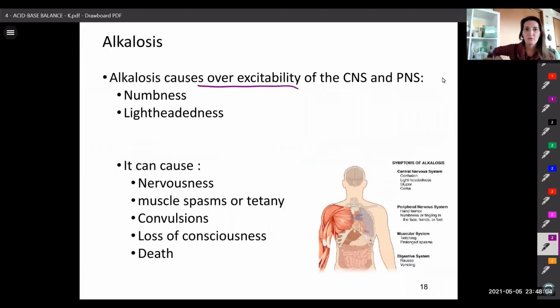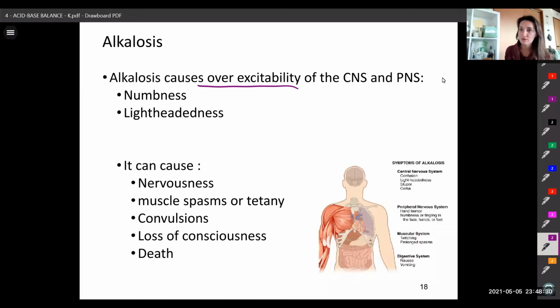And I want to stress that point because when we look at the relationship between acid-base disorders and potassium, like you'll be watching in that video, we could start with acid-base disorders that lead to potassium disorders. Or we can have vice versa. We can start with potassium disorders that in the end lead to acid-base disorders.